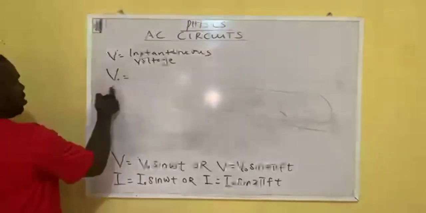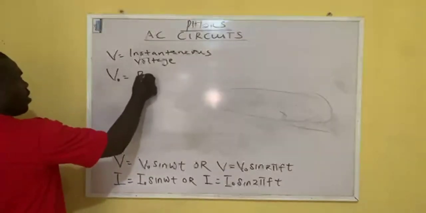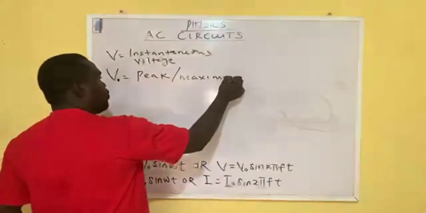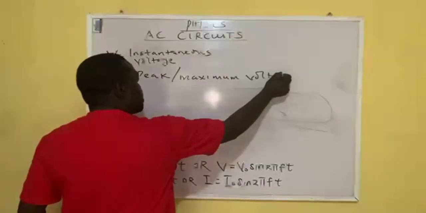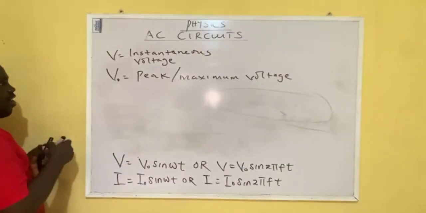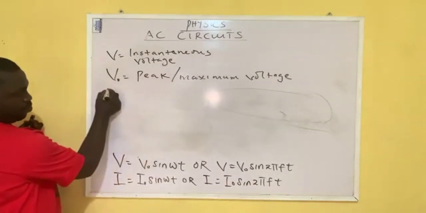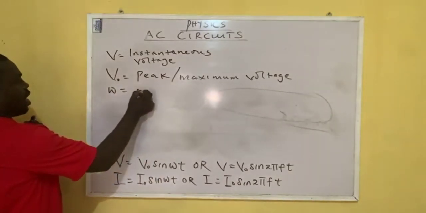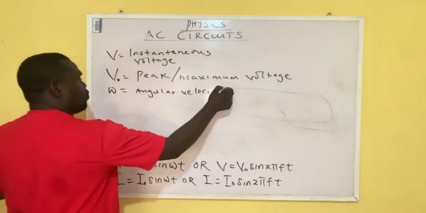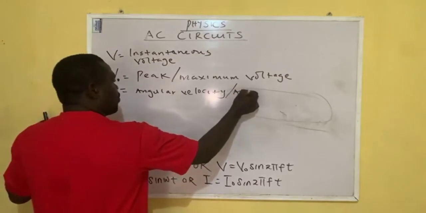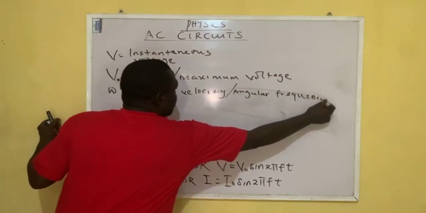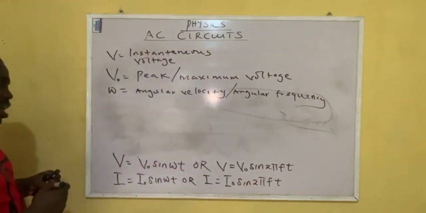And then we have this one, V naught. Our V naught means our peak or our maximum voltage. That's what we mean by V naught. Now what's this? This is called angular velocity. Actually, it's not wrong if you call it angular frequency. Maybe you don't know that, but you can know it today. It's also allowed. Angular frequency, that's permitted.